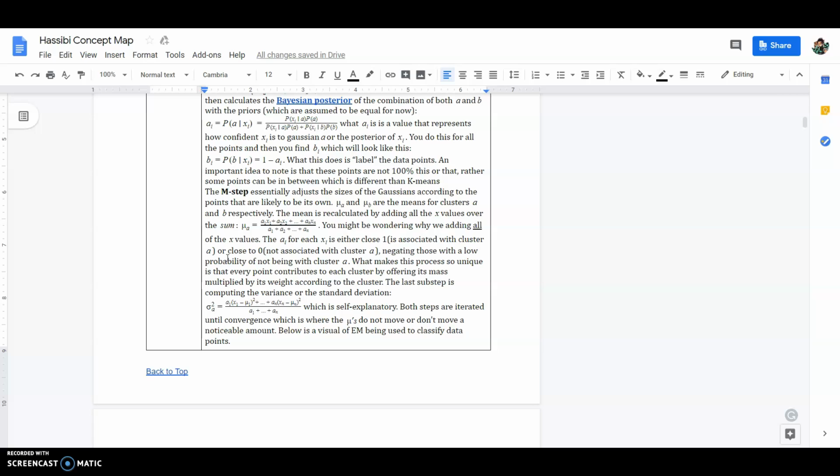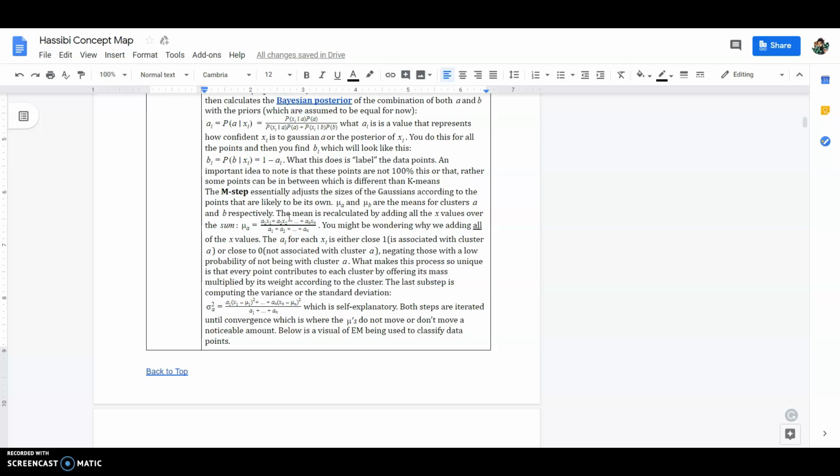And so you can see here that the mean of A, we're looking at cluster A for this example, the mean of A would equal A of 1 times X of 1, plus A of 2 times X of 2, yada yada, until A of n times X of n, all over the A values. Now you might be wondering, well, why are we including all the X values when we know that some of these X values are probably not associated with cluster A? And this is because this is where the A values come into play.